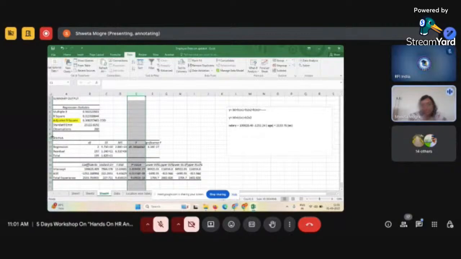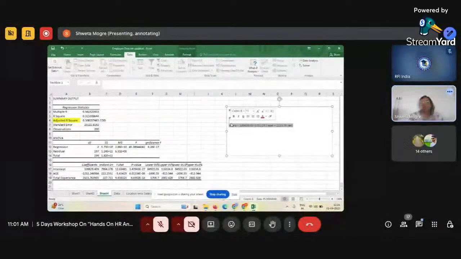Now, please pay attention to this ANOVA table. If we just want to check the relationship and we draft the relationship, there is no need of this ANOVA table. But if you wish to predict the salary of a person who is 25 years old and has 2 years of experience, you are using this regression equation as a predictor equation.